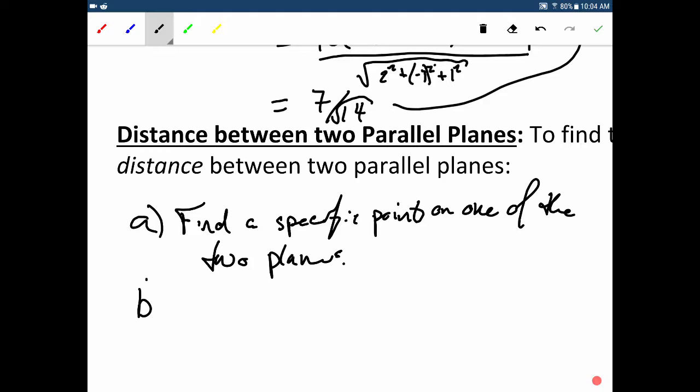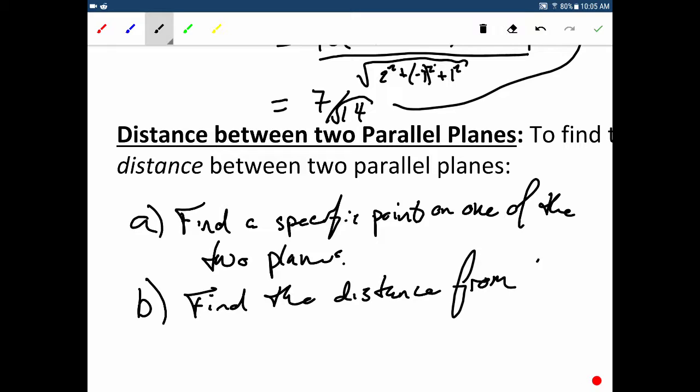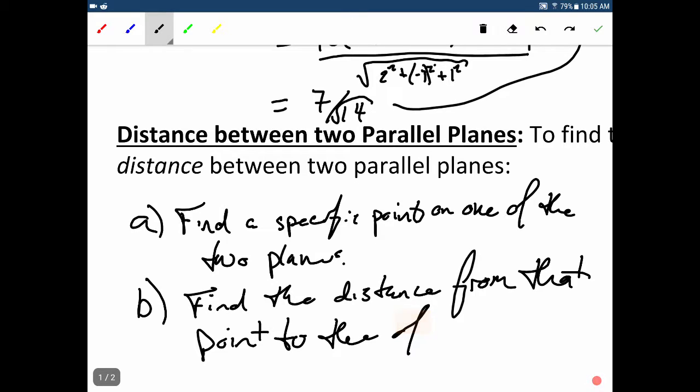So now all that's left is we find the distance between that point and the other plane, just like we did in the previous question.